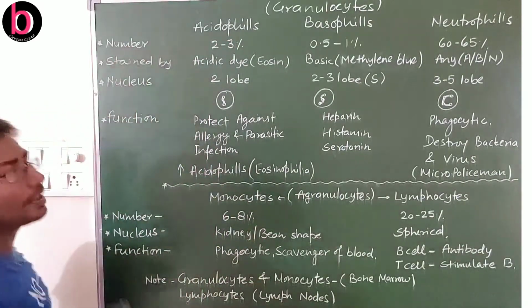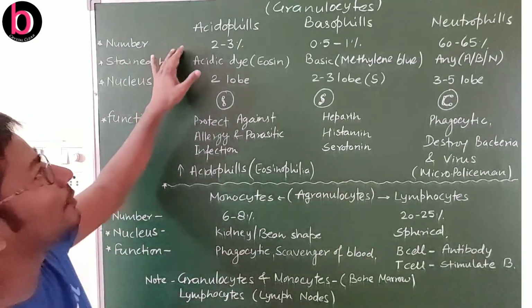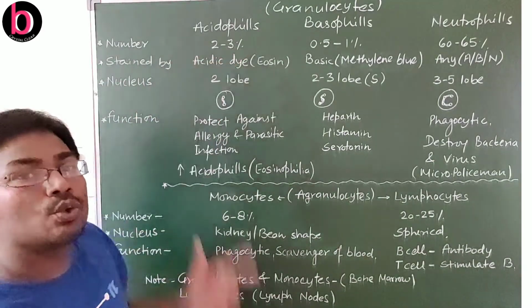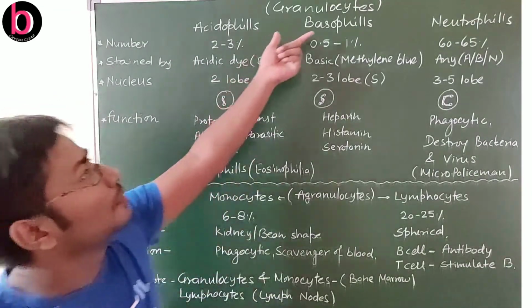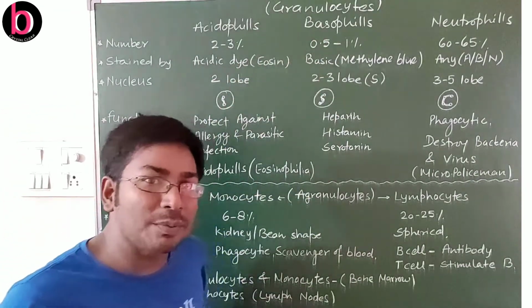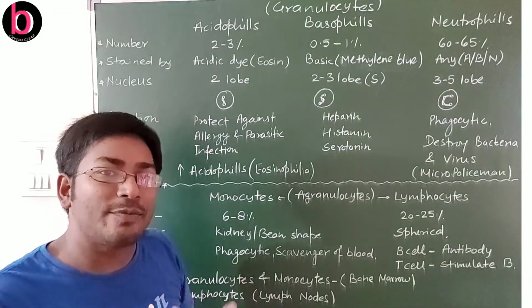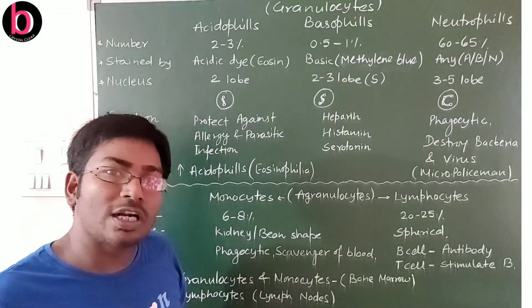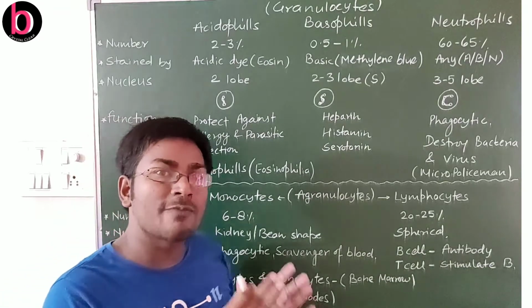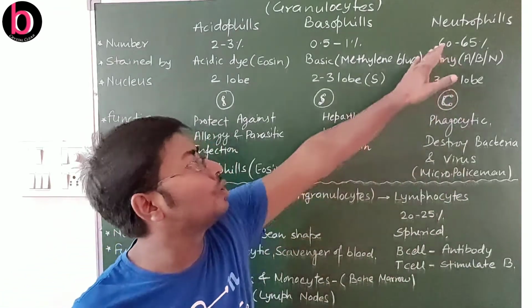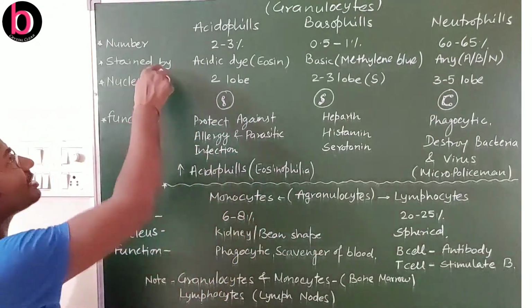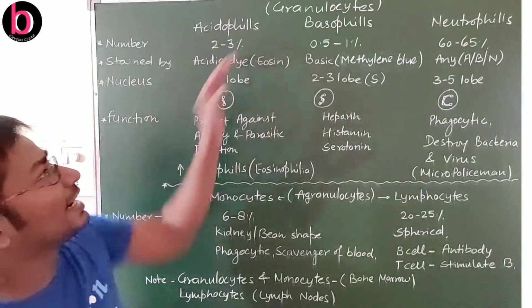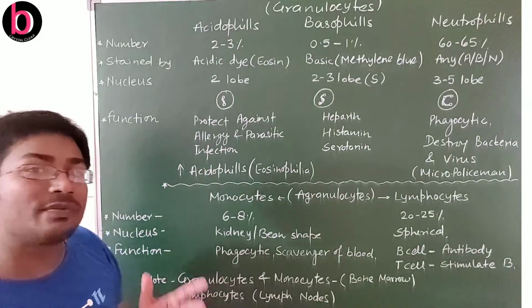First, the number: acidophils are 2 to 3% of total WBCs, while basophils are the minimum, just 0.5 to 1% of total WBCs, while neutrophils are 60 to 65% of total WBCs.